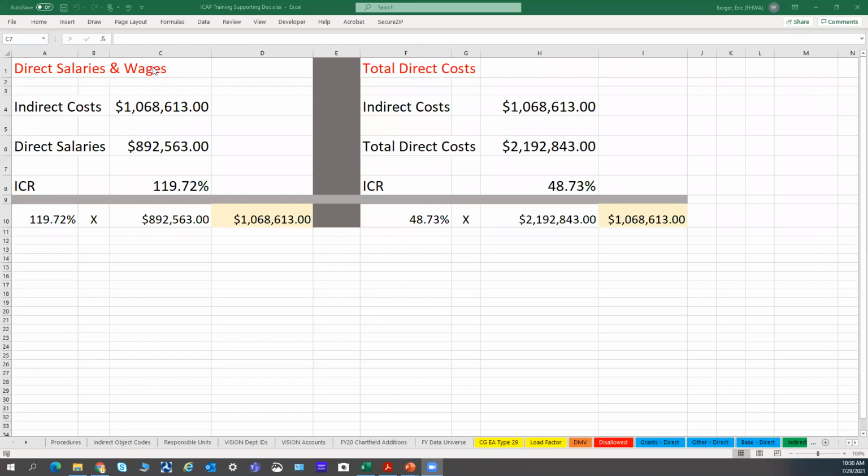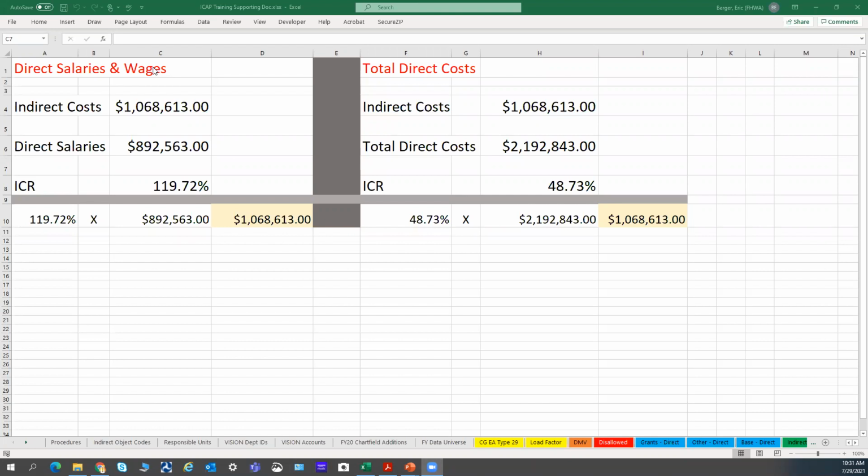With your direct salaries and wages on the left side, you can see the indirect costs are $1,068,000. And over to the right, if you're using total direct cost as your base, we're using the same indirect cost. So the organization has the same amount of indirect costs regardless of what base they use.